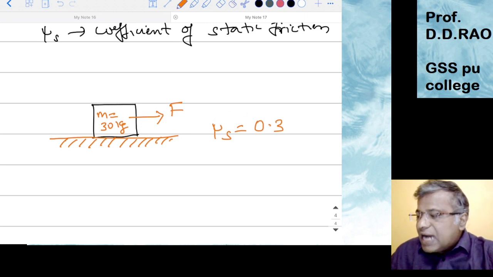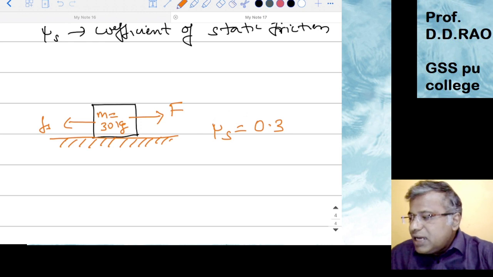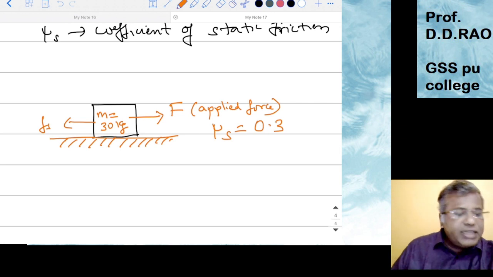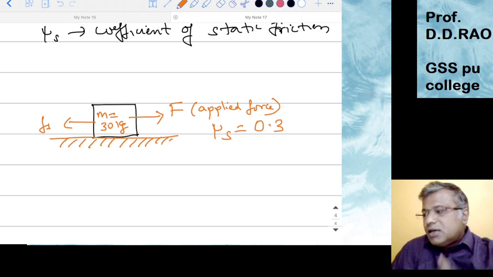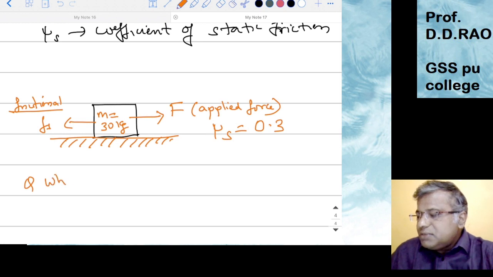So I will have to find the frictional force Fs. Normally F we call the applied force, and Fs is the frictional force. So if I have the minimum force, my question is, what is the minimum force?